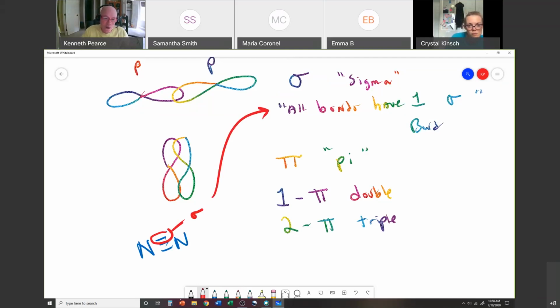The next two are the pi's. How many bonds do you have total now? You have 1 sigma, 2 pi's, you have 3 total. You see how that works? So everybody has a sigma, and any extras are pi's.